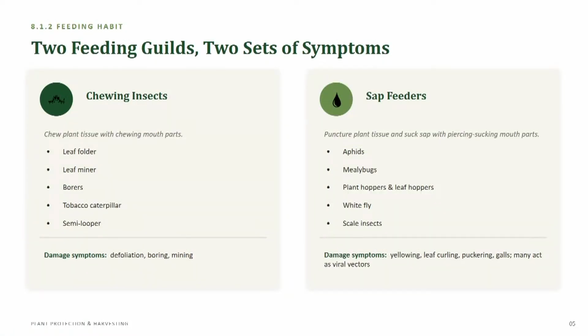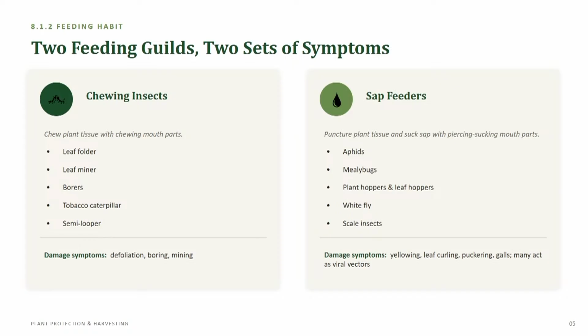Coming to the types of insect pests, generally there are 2 types of insects. One is chewing insects, another one is sap feeders, and these insects are categorized based on their feeding behavior. In the case of chewing insects, they chew the plant tissue with their mouth parts, and there are various types of chewing insects.